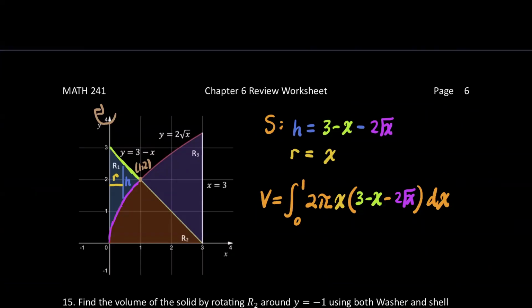So 2 pi r, that's the circumference of the shell when you unroll it. That's the length of the rectangular slab times the height times the thickness, delta x, right? Here, dx. If you can look up yesterday's lecture and visualize how to unroll that rectangular slab horizontally or vertically, right? It helps you to think about how to set it up.